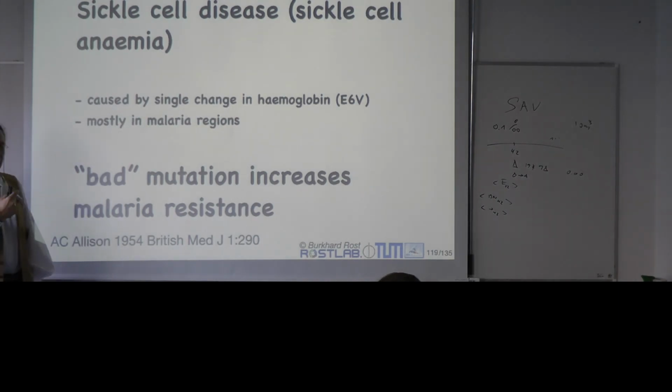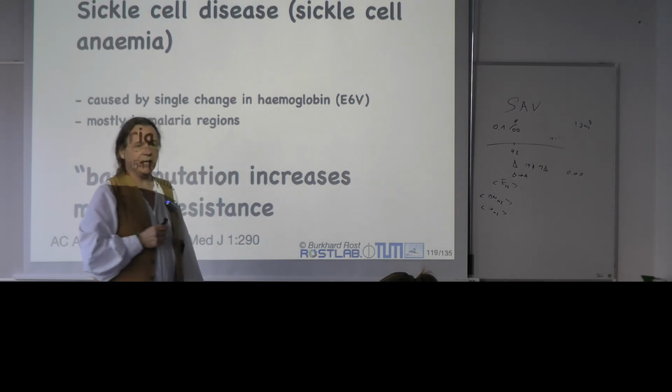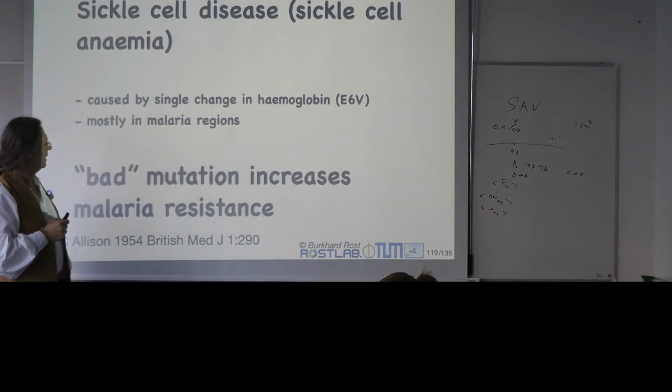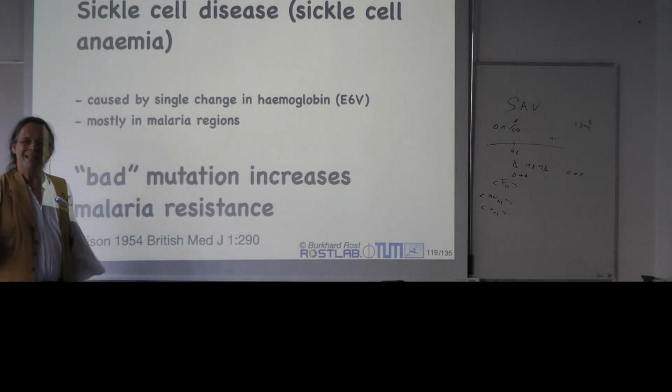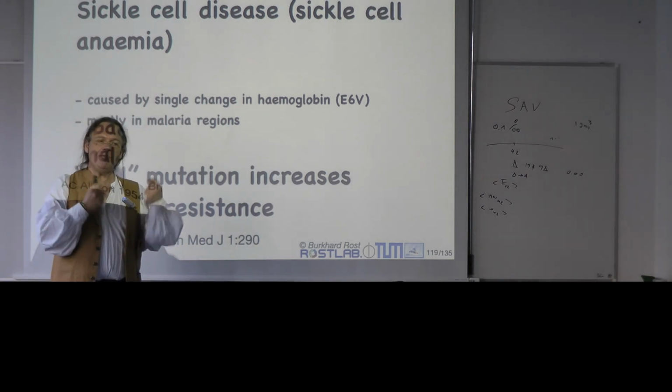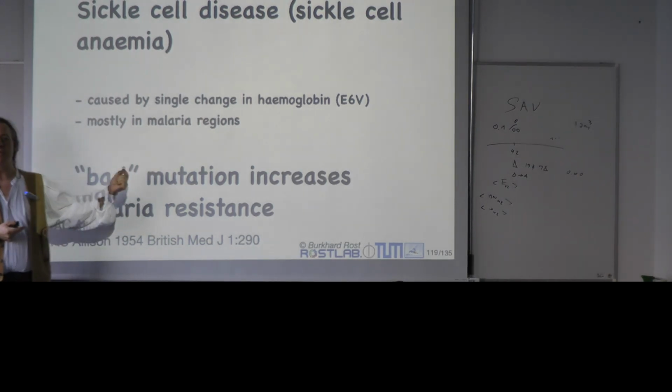Or maybe to some extent we have this example here, back to sickle cell anemia. Sickle cell anemia is a bad mutation, bad as in causes a disease, that has a positive side effect. If you get malaria too, this helps you to increase the resistance against malaria.